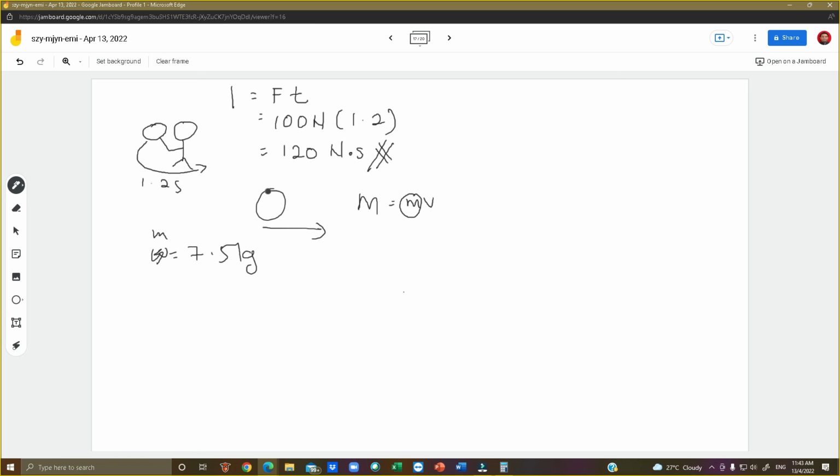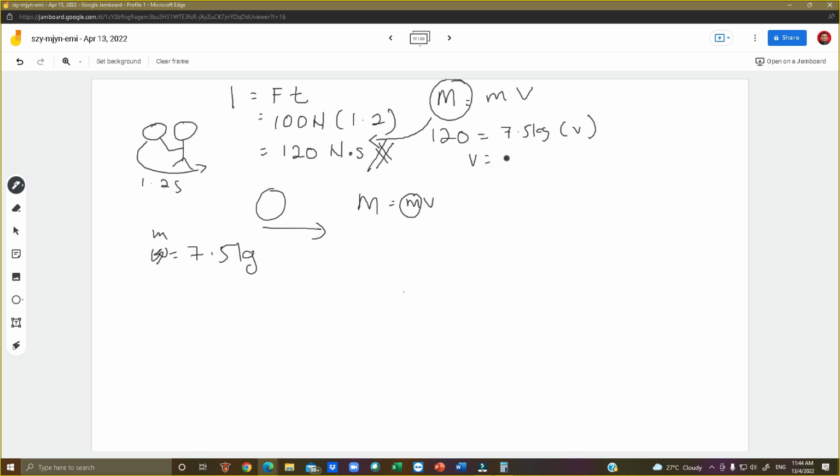So sekarang kita dah ada mass. Kita nak tahu, with an impulse of 120 Newton second and 7.5 kg mass of the ball, how fast does the ball travel? So kita kira yang kedua. Momentum equals mv. Momentum dia sama dengan value impulse. So it will be 120 equals mass 7.5 kg, and then velocity tak tahu.